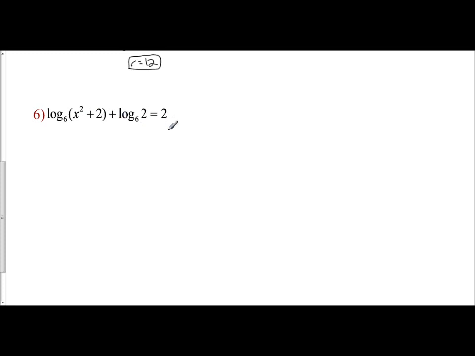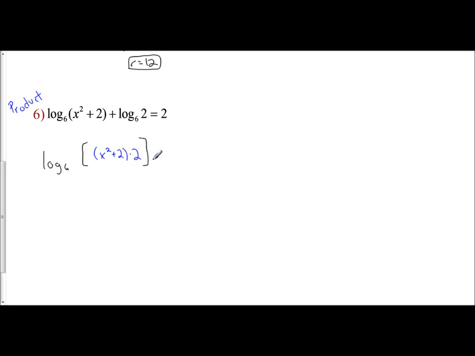Now this is interesting. I have two logs on the left that are being added. And so that is going to be my product rule. If I'm adding logs, it's like adding exponents, which is your product rule. So I'm taking log base 6 of the product of x squared plus 2 and 2.